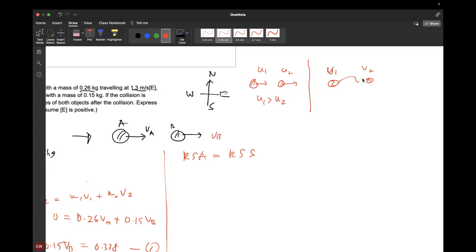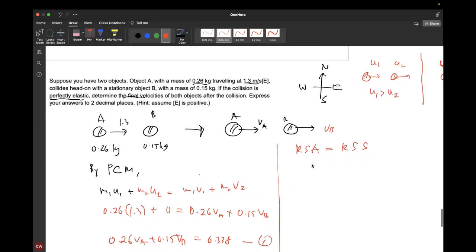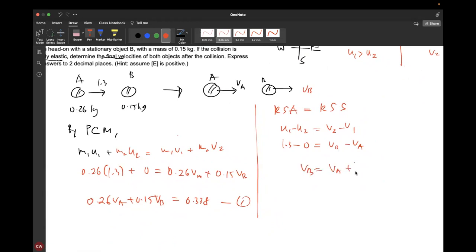After collision, the momentum will pass to the second object, so V2 will be faster than V1. A is moving but B is not moving, so we take velocity minus velocity. This is U1 minus U2 equals V2 minus V1. This is 1.3 minus 0. V2 is VB, so VB minus VA. So VB is equal to VA plus 1.3.